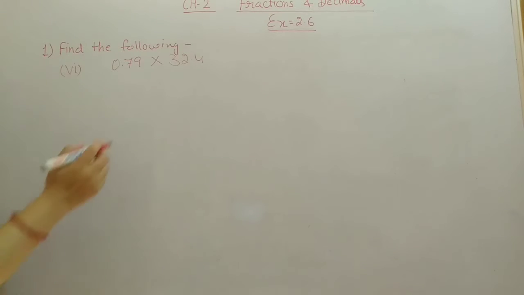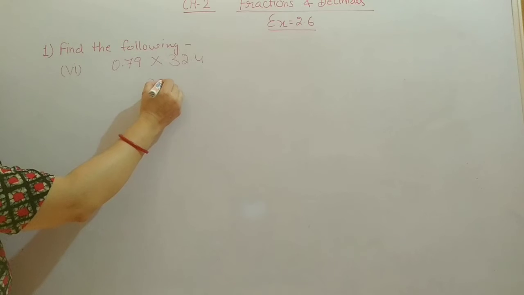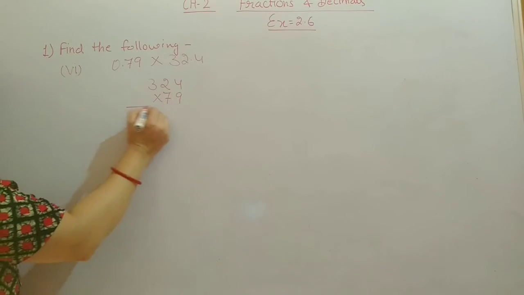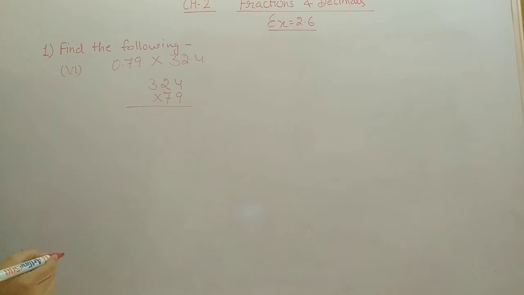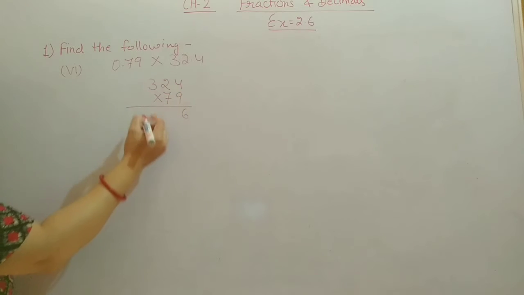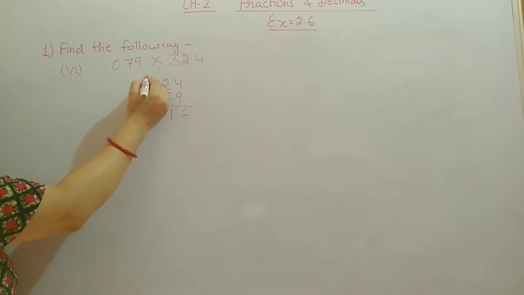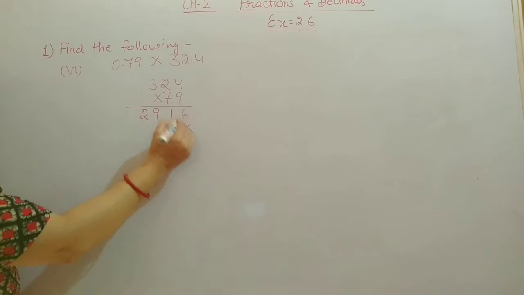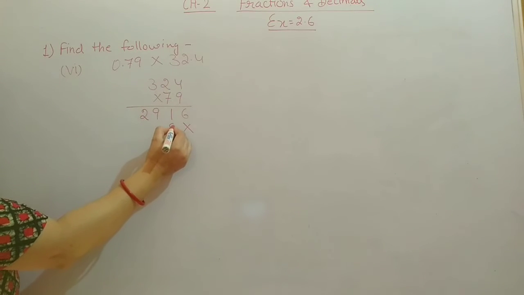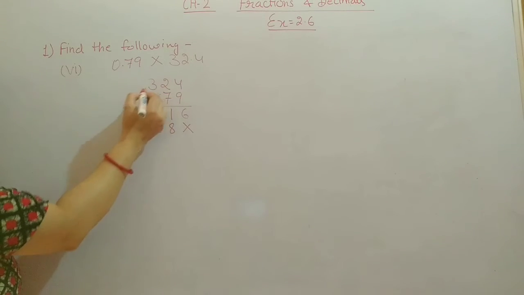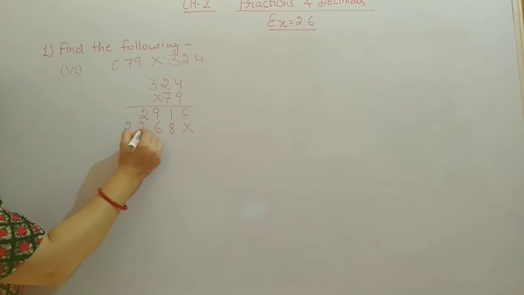Next, sixth one, 0.79 multiplied by 32.4. So 32.4 we have to multiply with 79. You can change the order. 9 4s are 36, 3 carry over, 9 2s are 18 plus 3, 21, 2 9 3s are 27 plus 2, 29, 7 4s are 28, 7 2s are 14 plus 2, 16, 1, 7 3s are 21 plus 1, 22.